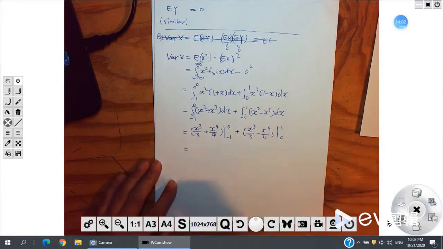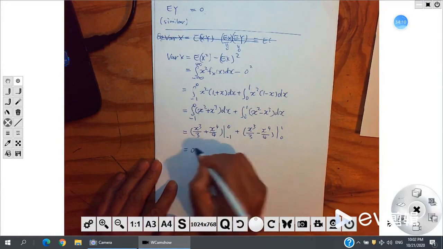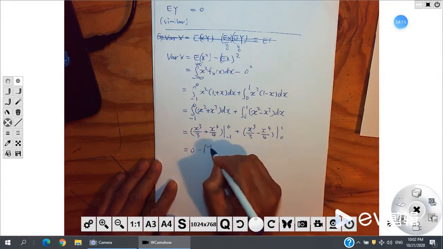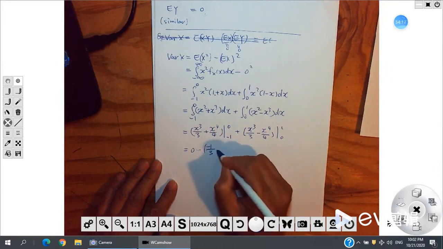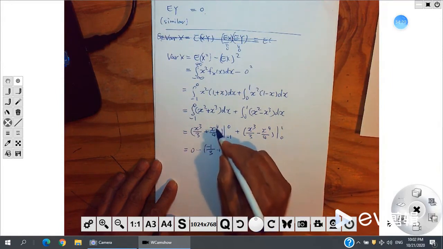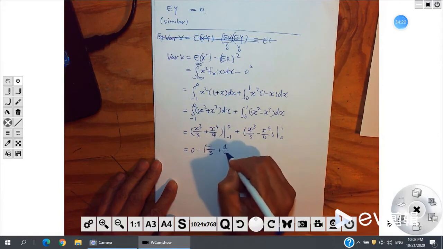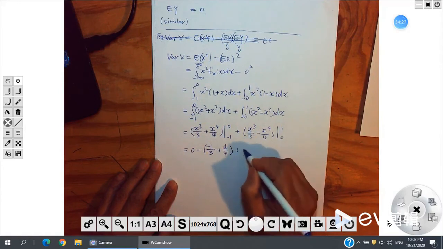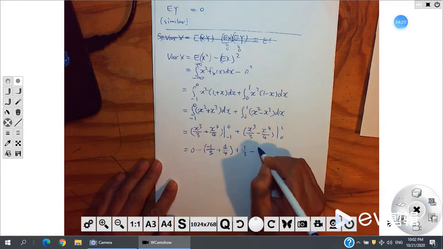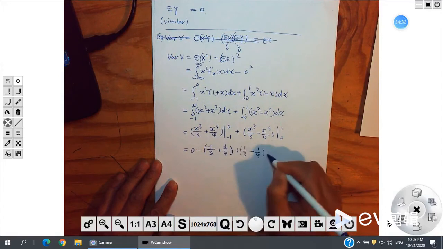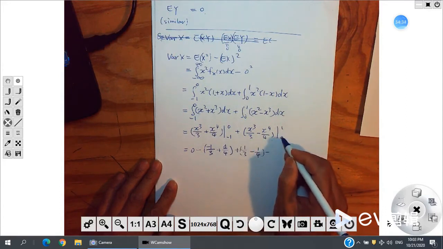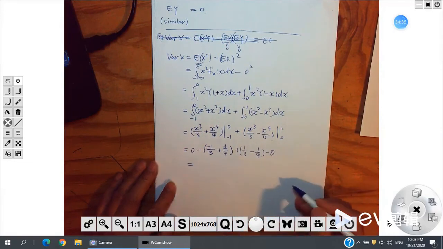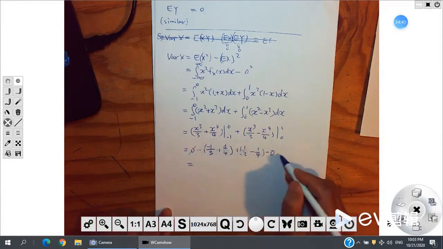When x is 0, it is just 0. Then minus x is -1: -1 cubed is -1, over 3, and plus -1 to the 4th, which is +1 over 4, and plus this one, I plug in 1, I have 1 over 3 minus 1 over 4, and subtract x is 0, it's just 0, right? So these cancel.